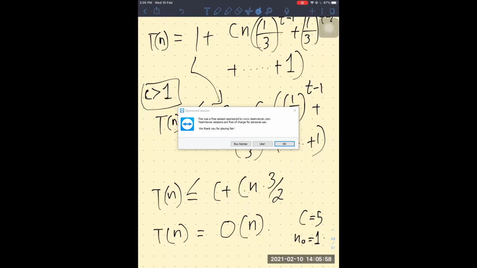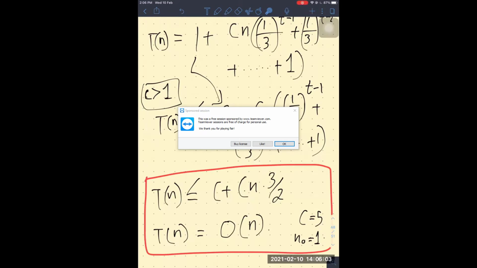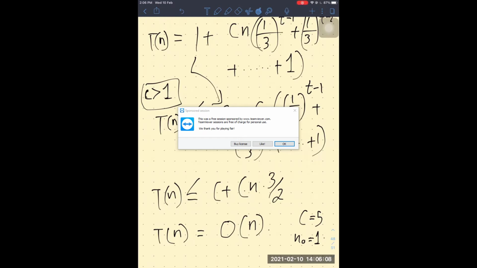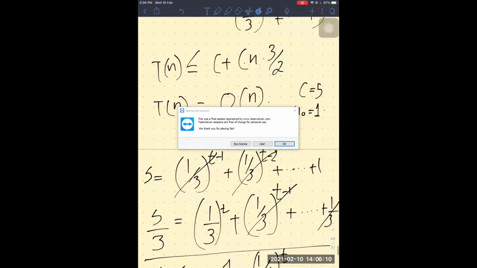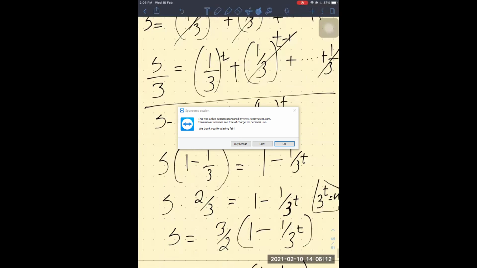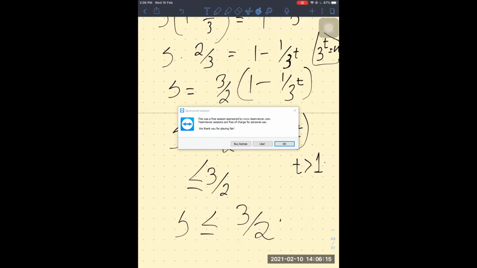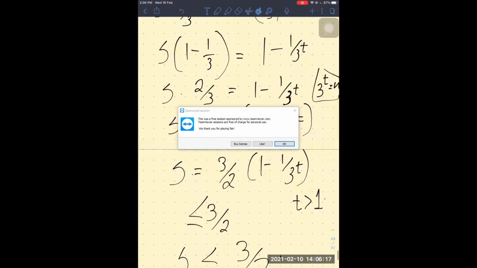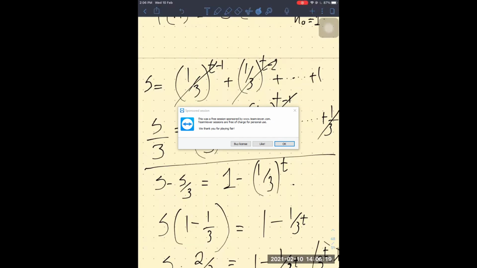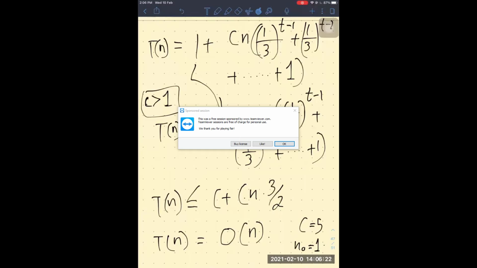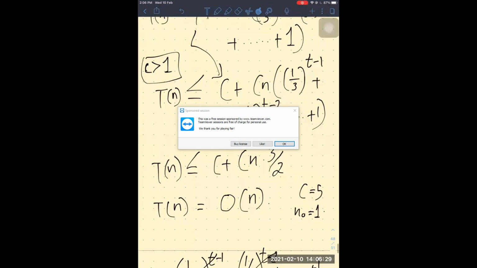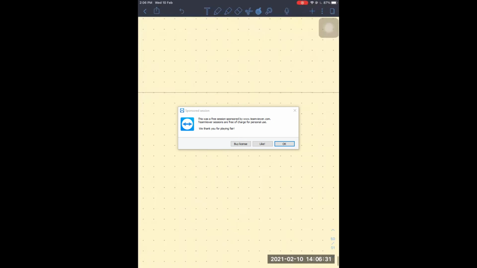So this is one way of showing that Master theorem is correct for this equation. And all that stuff you did on the bottom, that was just to show how we got 3/2, right? Yes, exactly. So this is one proof of master theorem. And you can also use another method called recursion tree to show the same proof.